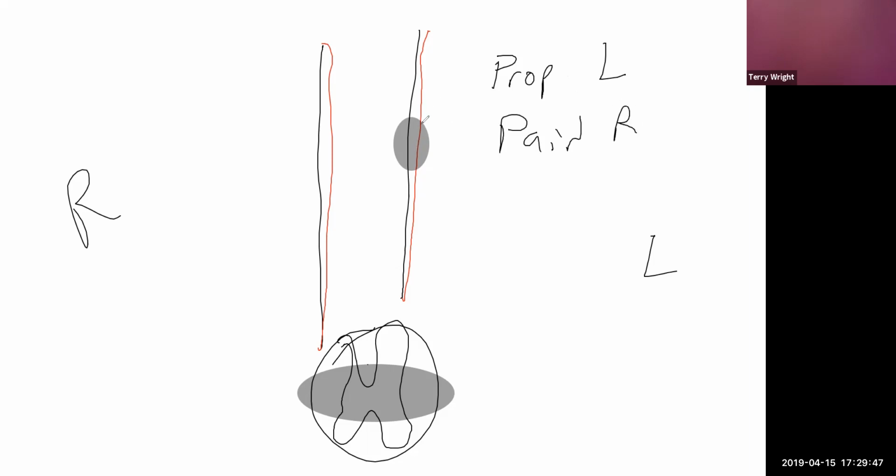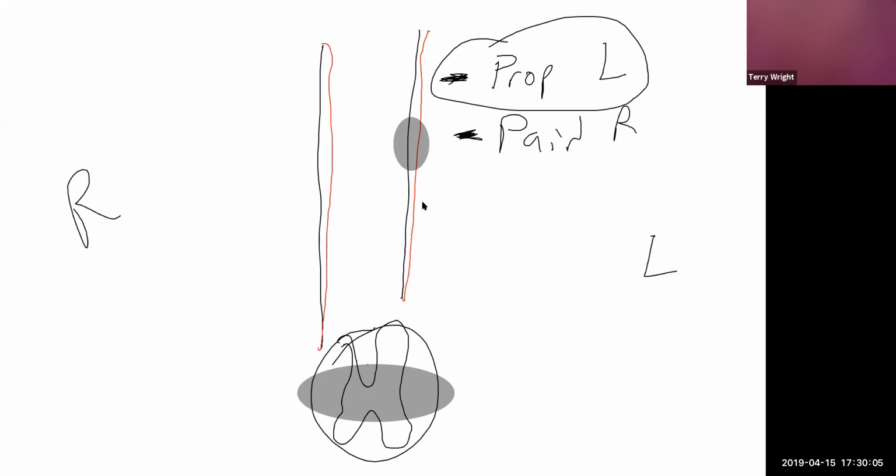One of these is pain, one of these is proprioception. But I know that pain is contralateral and proprioception is ipsilateral. Therefore, I lost proprioception on my left because the lesion's on my left, and so pain must be coming from the right, which it is.